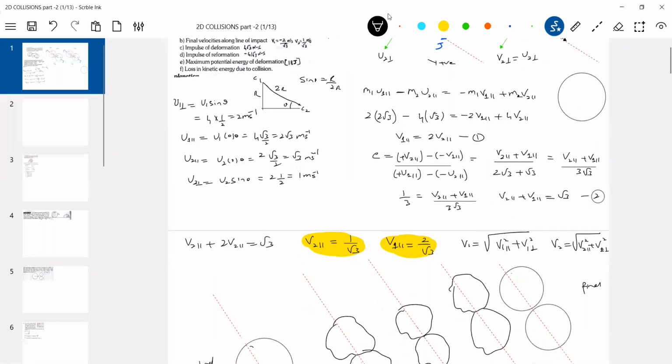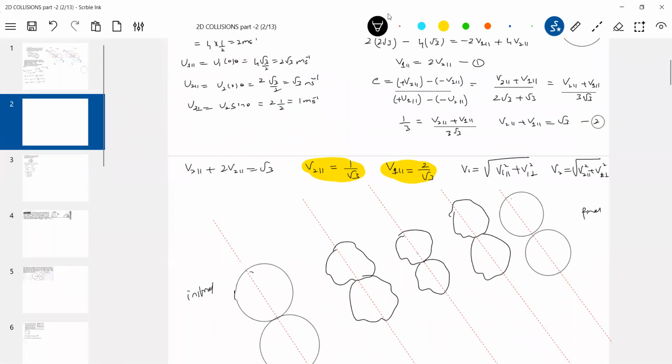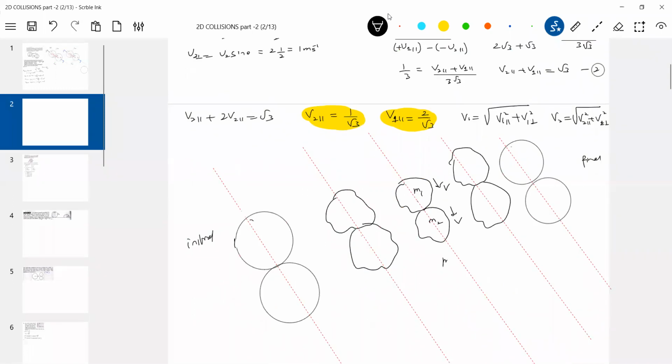So let's assume that they'll have common velocity in this direction, and let's try to find out that common velocity. So this particular point I'll call as maximum deformation.